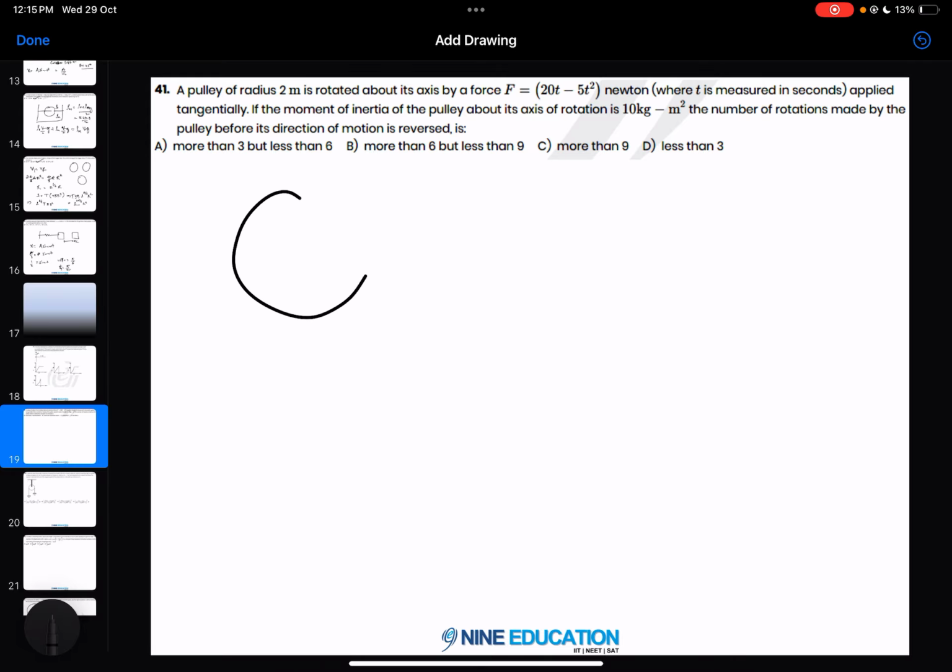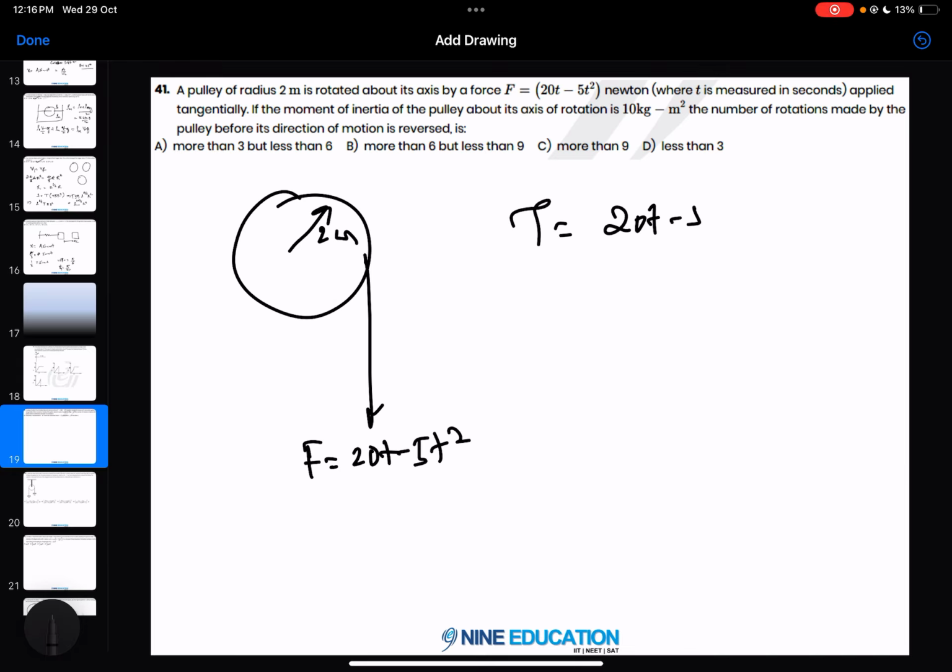Right, there's a pulley of radius 2 meters. The force acting is 20t minus 5t square. So the torque is going to be 20t minus 5t square into 2, 40t minus 10t square. Now this is the torque. We need to find when it will reverse. So we'll find alpha, we'll find omega. When omega, that is its angular velocity, changes its sign, that is when the direction of motion will be reversed, isn't it?